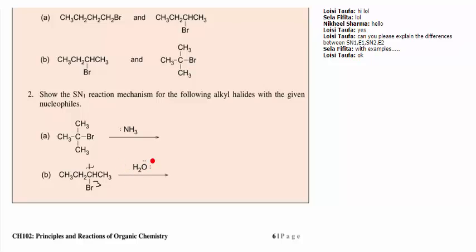Then the lone pair on the oxygen is going to attach to the carbon, which will give us methyl, that's H, and then oxygen with 2 hydrogens.